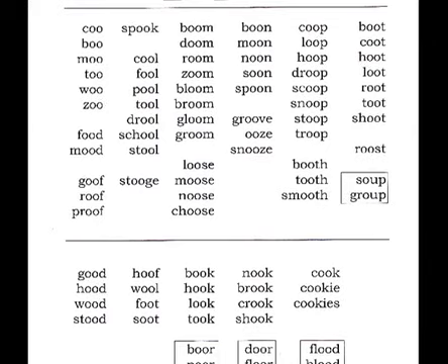And of course, you've got the exceptions in those families. For example, soup is spelled S-O-U-P, and group is spelled G-R-O-U-P. And instead of the double O, you've got the O-U in both of those words.